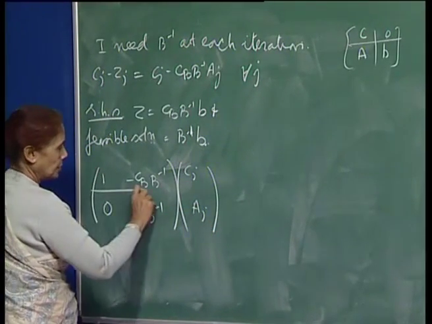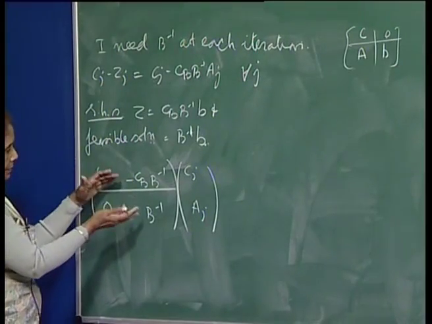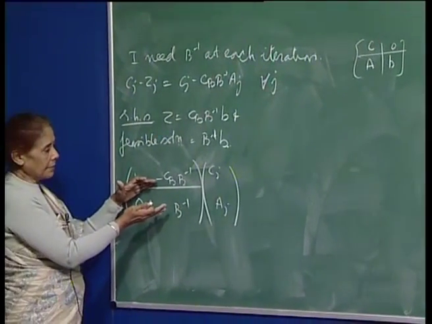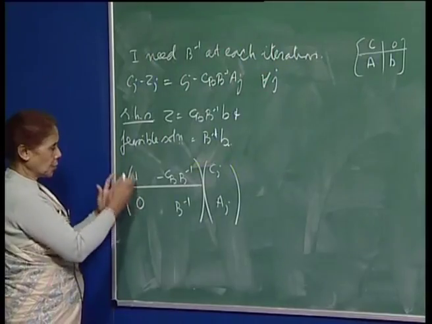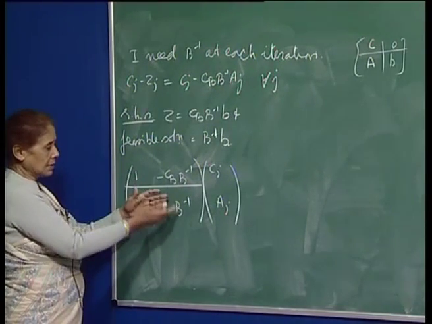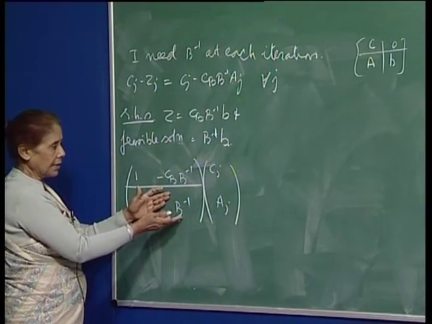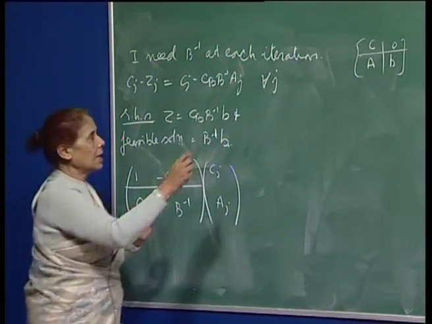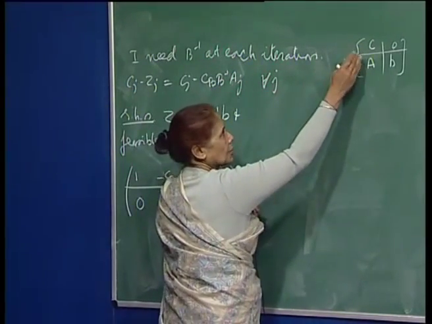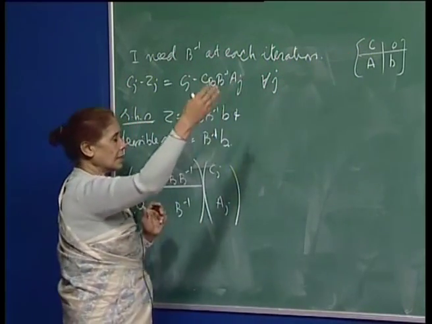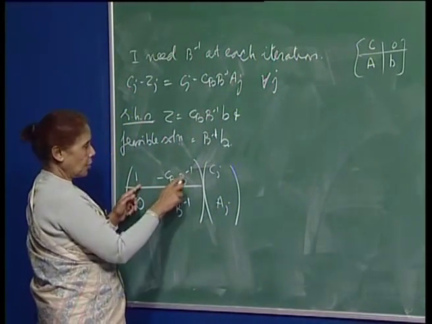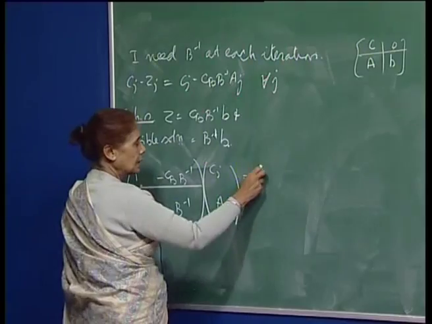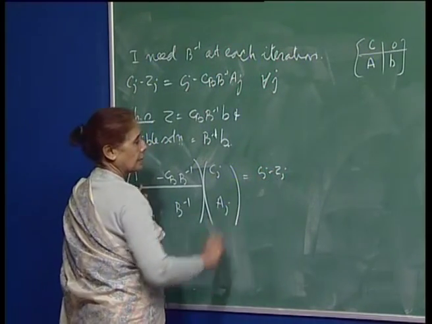In fact I do not even have to store the tableau. I just keep this extended basis inverse somewhere, and I have my original problem stored in the computer. I start recalling the first non basic variable, second, and so on. I multiply the top row with this, and that gives me Cj minus Zj.